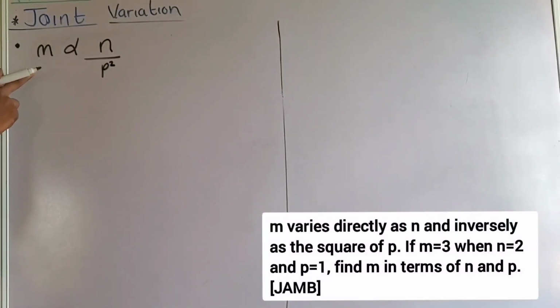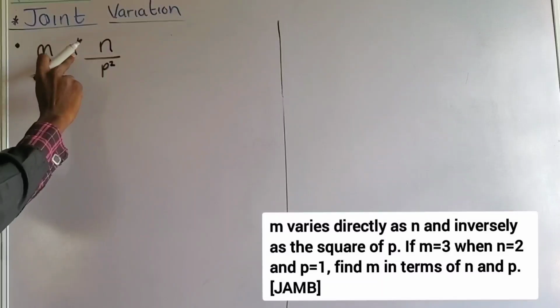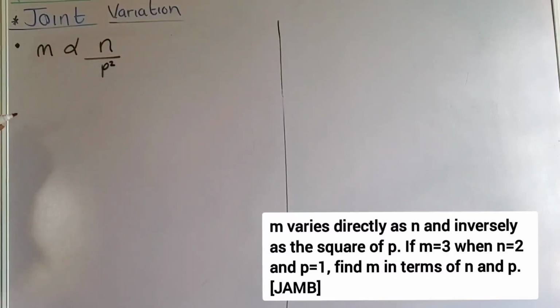A variable m varies directly as n and inversely as the square of p. Now if you are asked what is meant by joint variation, joint variation is a kind of variation that describes the relationship where one variable depends on two or more variables.